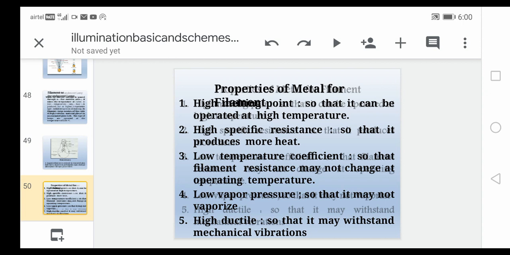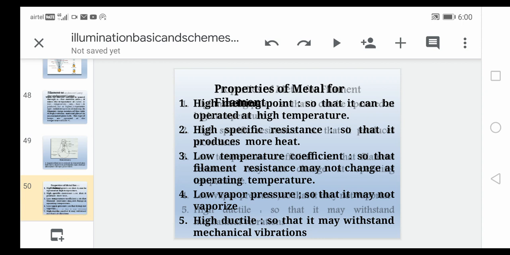Properties of metal for filament. We cannot take just any metal; it must have some properties. Why do we use a tungsten filament only? Because it must have a high melting point so that it can be operated at high temperature.